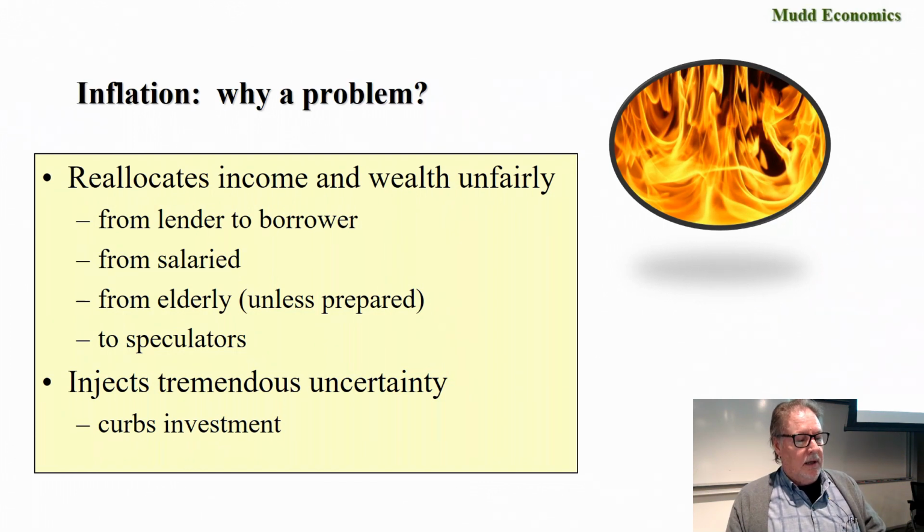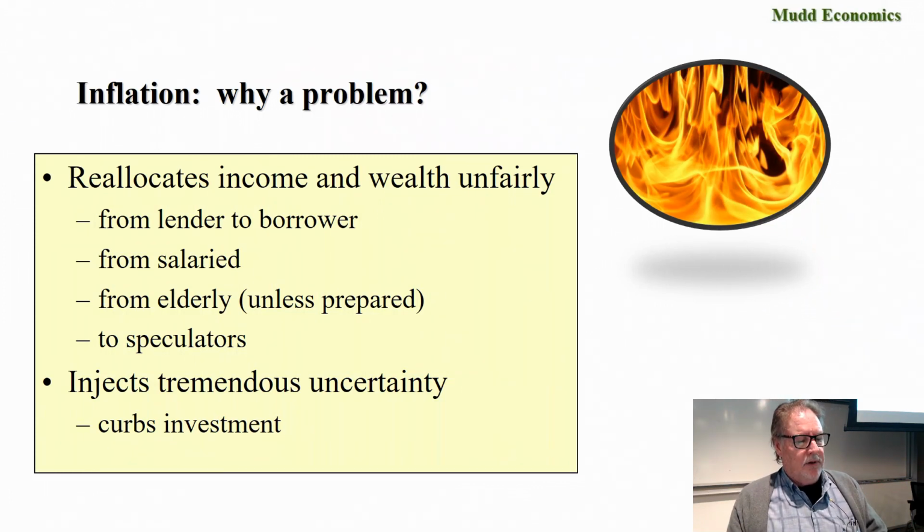Specifically, it reallocates income and wealth unfairly, that is, unrelated to contributions to productivity or any other reasonable standard, generally from lender to borrower, those who lend money to those who borrow money, especially if the terms of the loans that were made were not in anticipation of inflation. I'll come back and talk about that more because that's such an important topic.